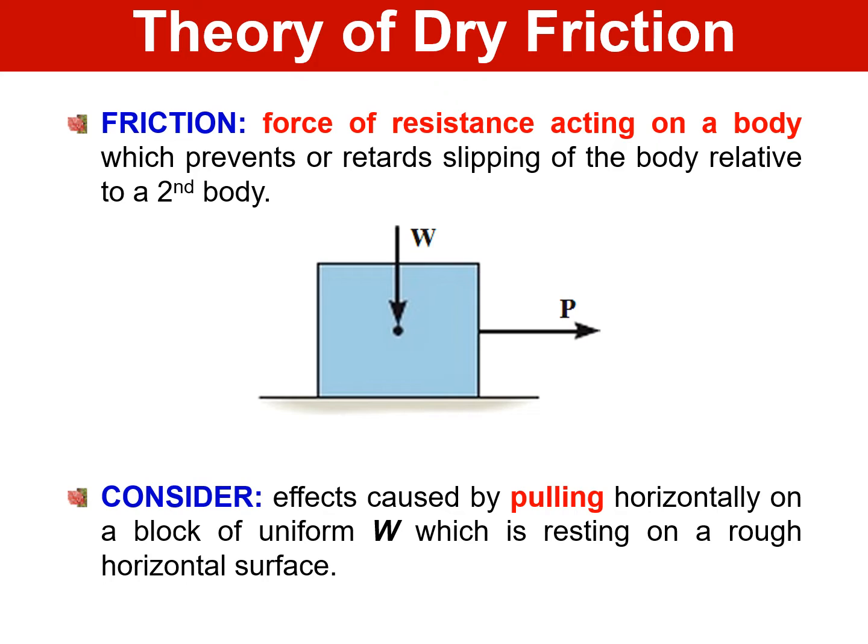You can see that the force P is pulling horizontally, and weight W is acting downwards on the box. And there's a rough horizontal surface in which it is the friction which resists or prevents the body from moving. So that is friction.